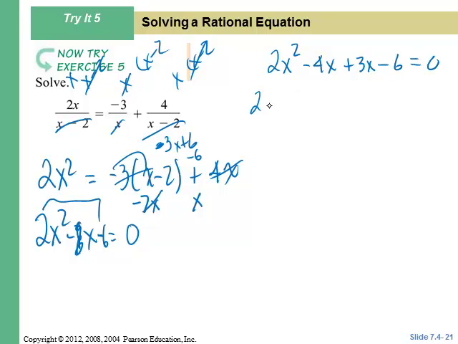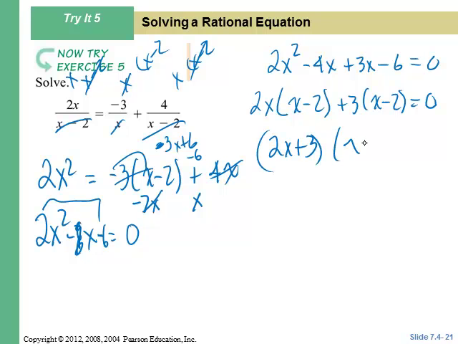So we get 2x(x minus 2) plus 3(x minus 2) equals 0. 2x plus 3 times x minus 2 equals 0. So 2x plus 3 equals 0, which means x equals negative 3 halves.